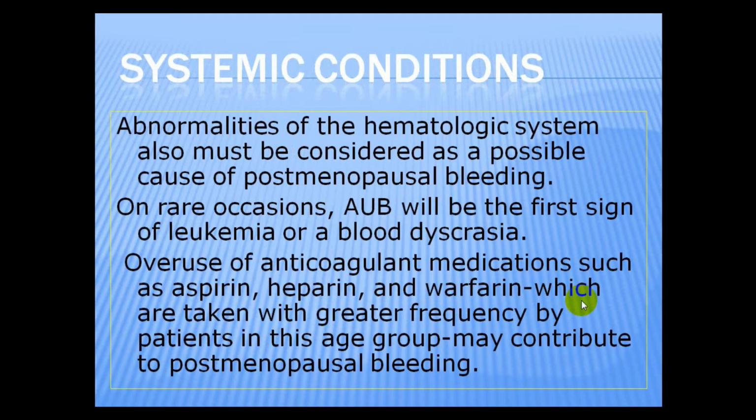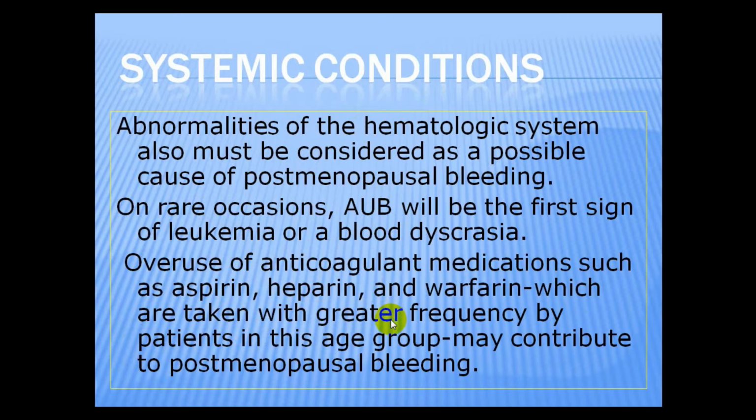Abnormality of the hematological system may be a possible cause of postmenopausal bleeding, as a systemic condition. Rare condition: abnormal uterine bleeding may be the first sign of leukemia or blood dyscrasia, or overuse of anticoagulant medications such as aspirin, heparin, warfarin, and other drugs.